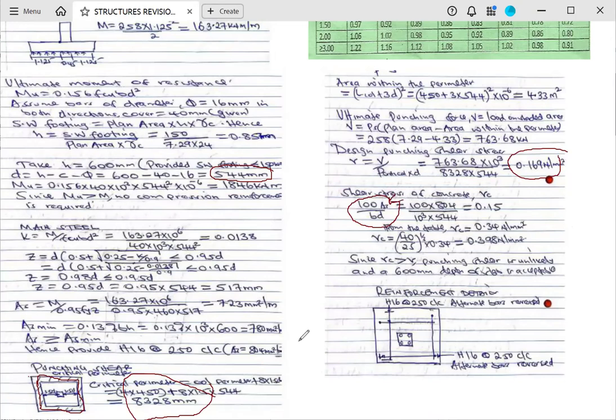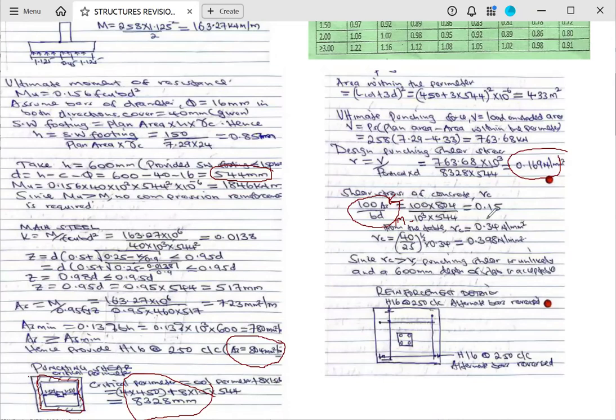Now remember what you read from the table. It is here, 804. So 100 is a constant, 100 times 804. B, we said this is 1 meter width, which is 1000 millimeter. D is here, you find it is 0.15.